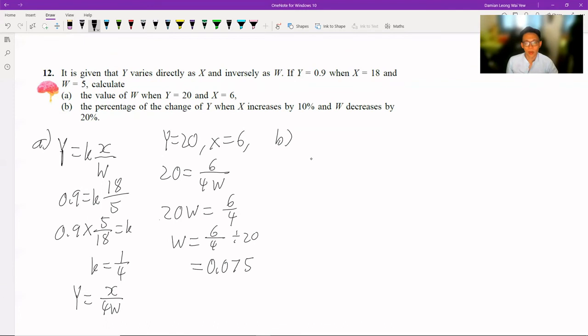So what happens is like this. Y equals x over 4w, right?